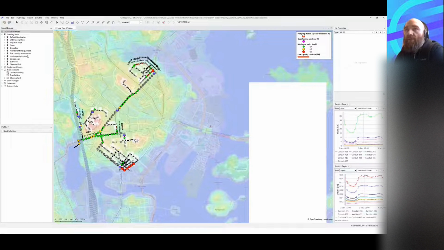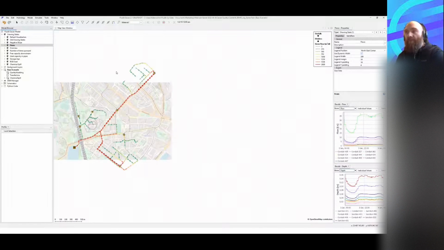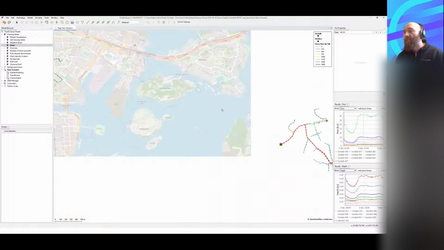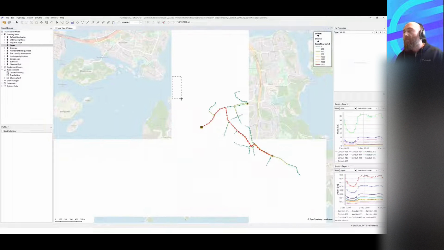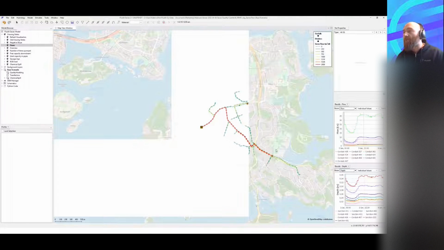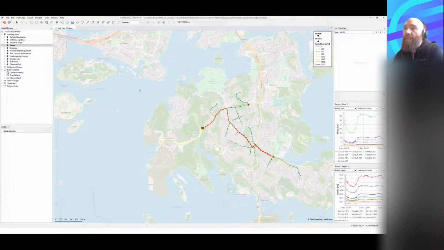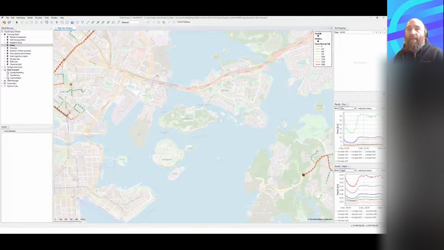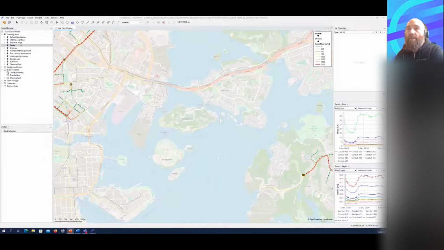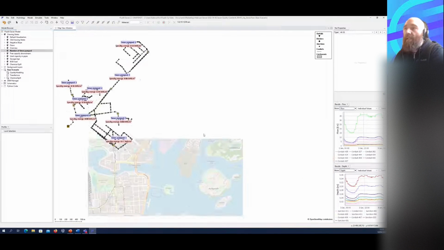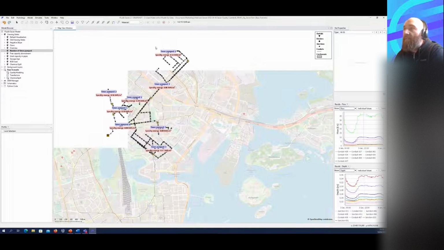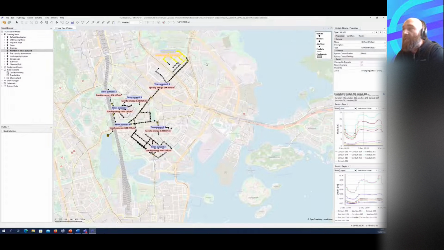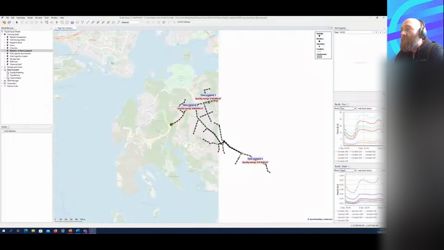Of course, you can choose any type of visualization on the data that you have in the model. So this shows the cross flows, how much water is flowing daily. And this shows how much water entering the system is pumped and how much energy it consumes in each area.